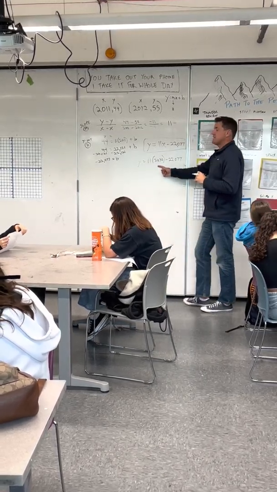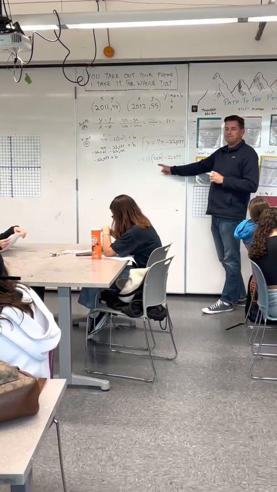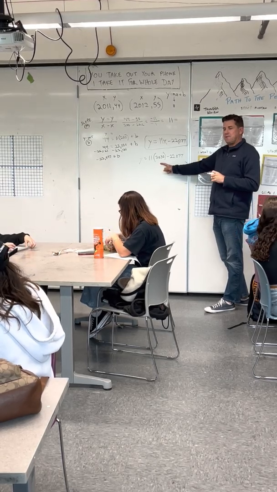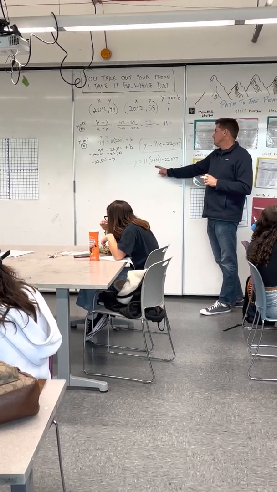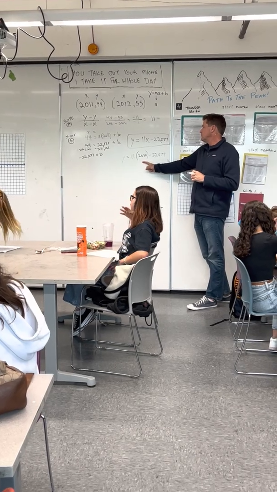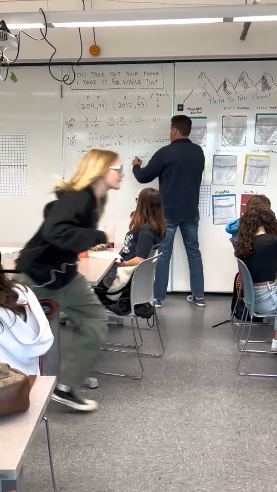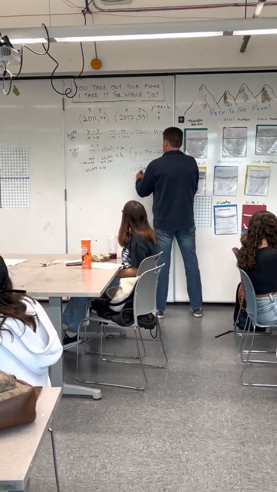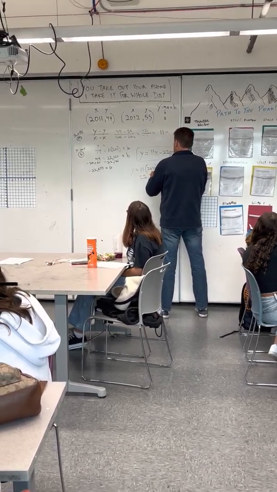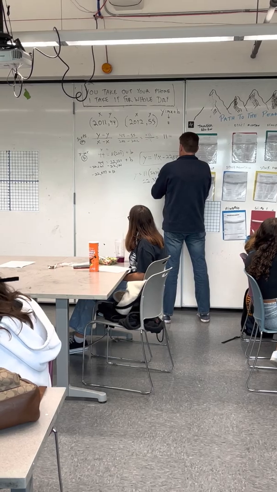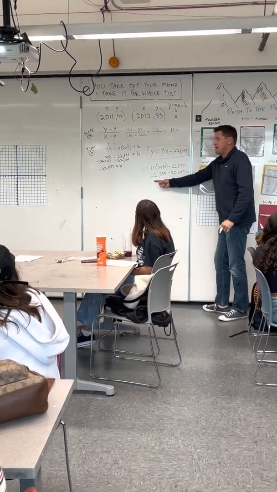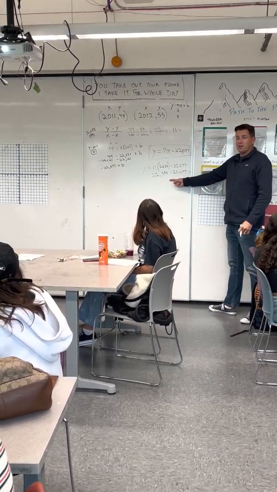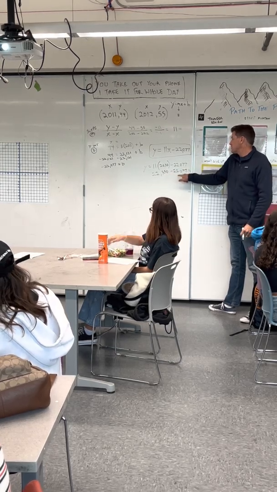Okay, what's 11 times 2030? Twenty-two thousand 330? Yes. Now I subtract those two.